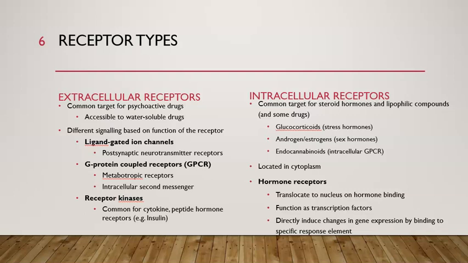So it causes transcription to occur. This can directly influence changes in the gene expression of the cell by binding to specific response elements. Different hormone receptors will bind at different places in the genes to create specific response elements. These elements are located in the genomic DNA, and it's actually a pretty cool system.